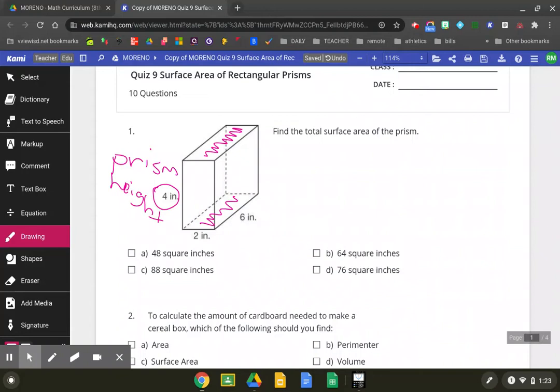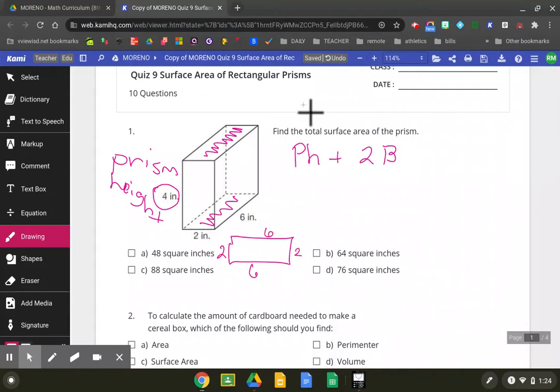If we look at the formula chart that was given to you, the formula for total will be big P H plus 2 big B. There are several ways of doing it. I usually like to draw the rectangle on the side and put 2, 6, 2, and 6.